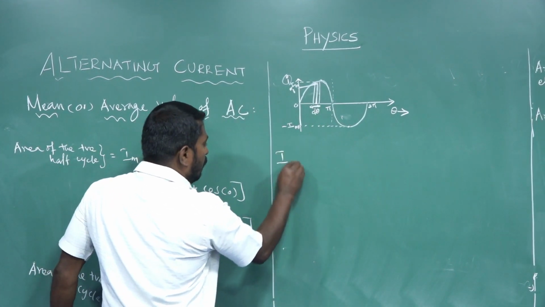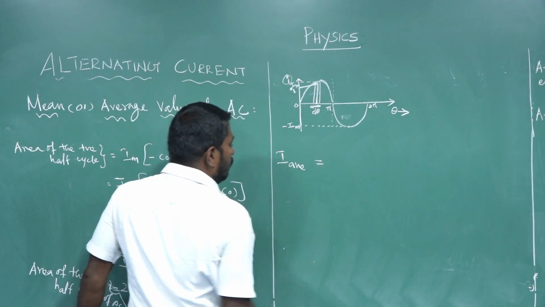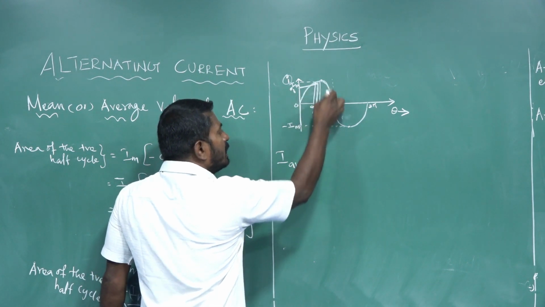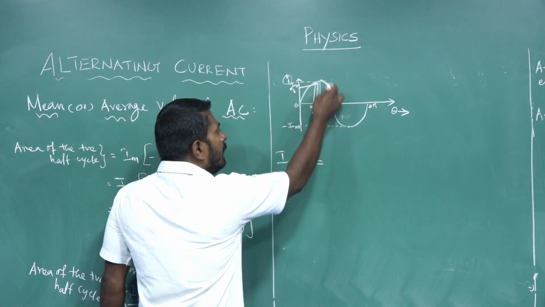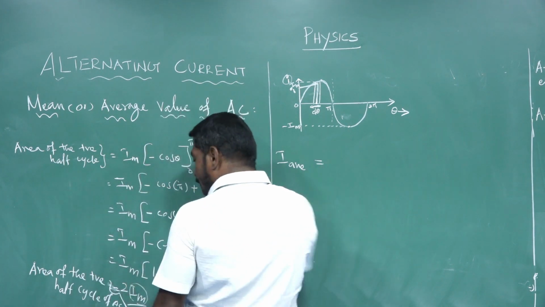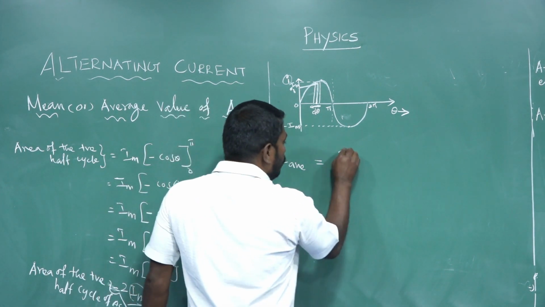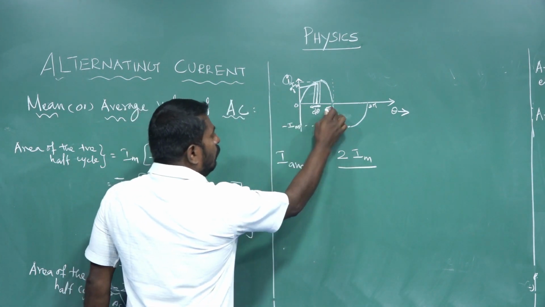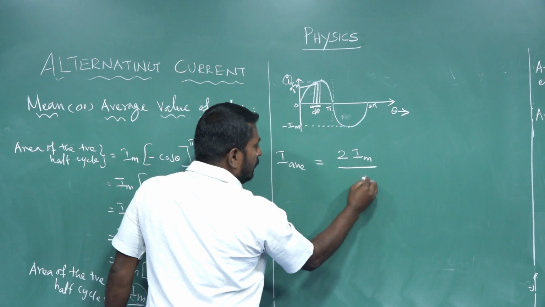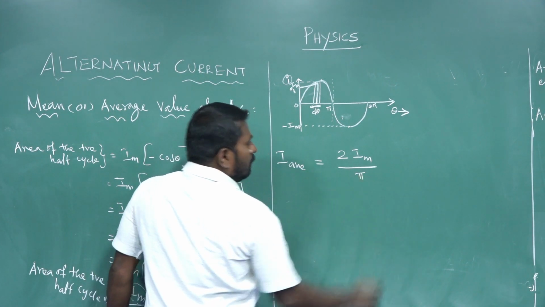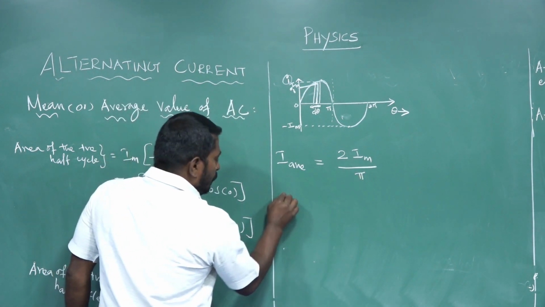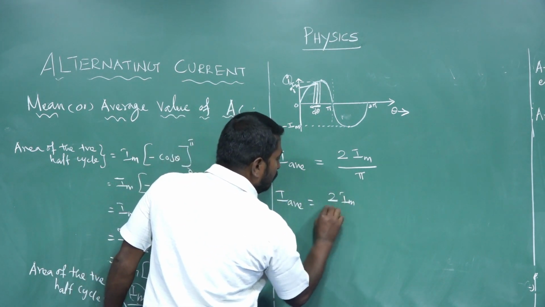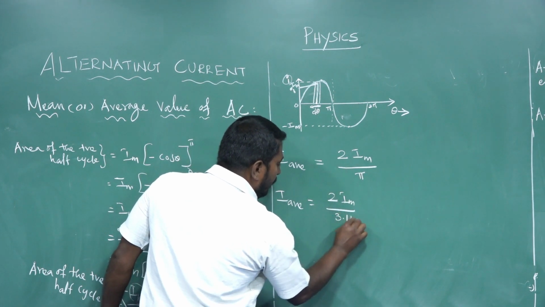So average value of alternating current is equal to the sum of all currents over a positive half cycle, which is the area of the positive half cycle, 2Im, divided by the base length, 0 to pi. So average value is 2 times Im divided by pi, which is 3.14.